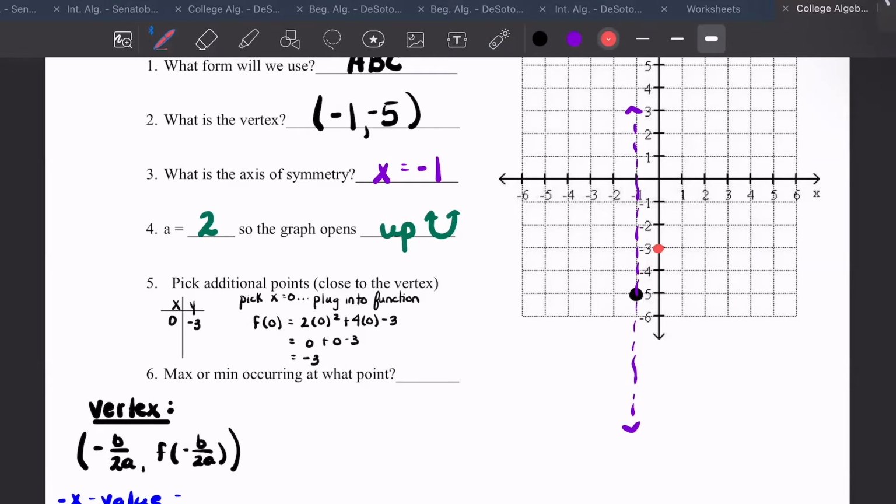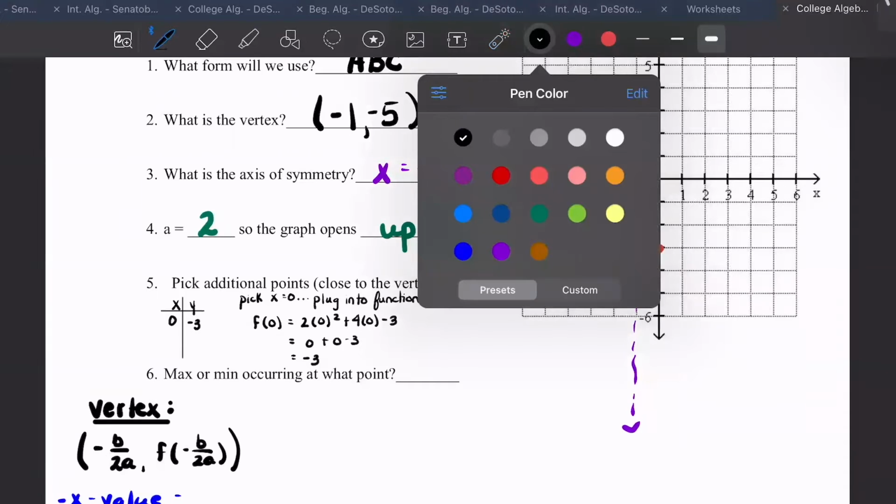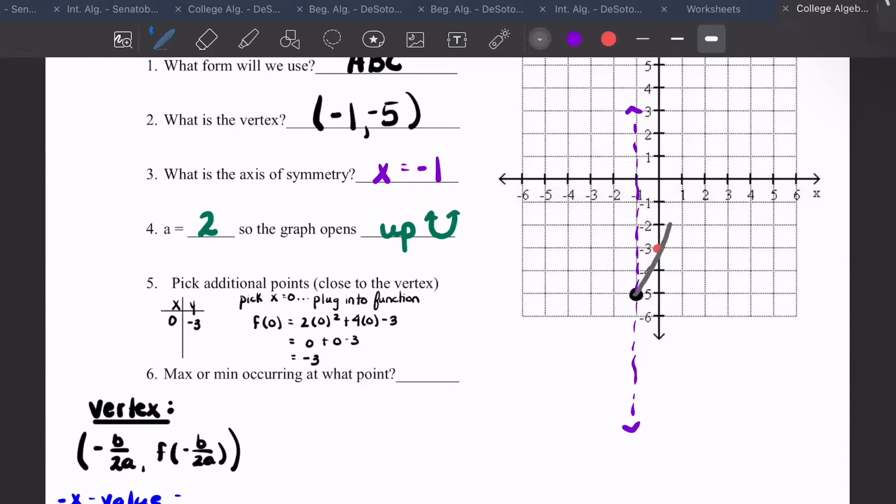Okay, so if this is this line, and we know this is how it goes, and we know that this point exists because that's the additional point that we plugged in, because it's symmetrical, we can go across from here. So here we are at our line of symmetry, okay? And we're in line with that extra point, and we can go 1 over and line those up, and that is where it's going to be because it's symmetrical.